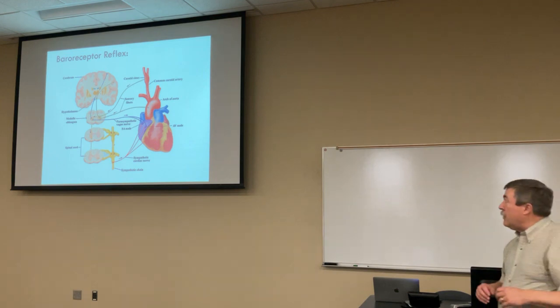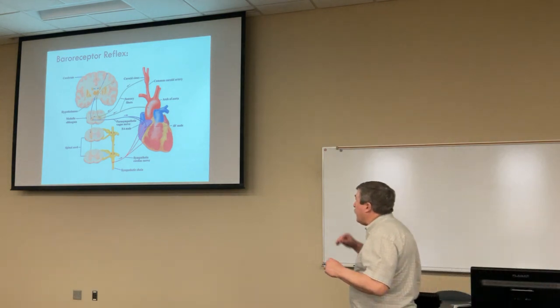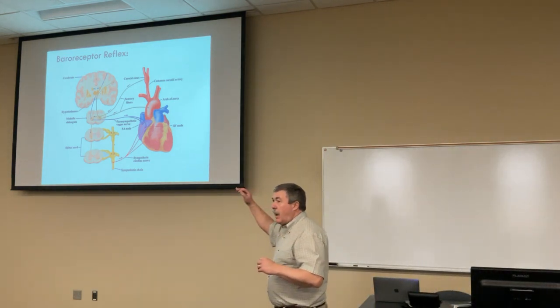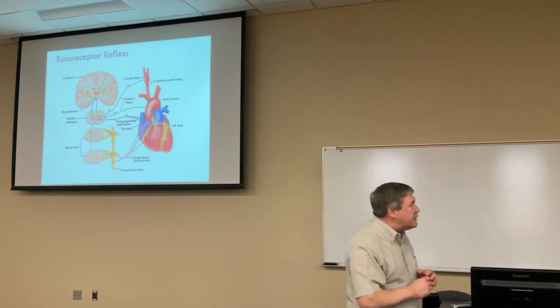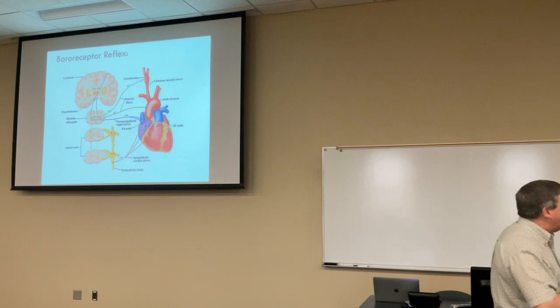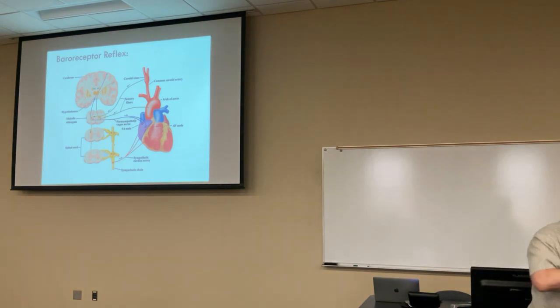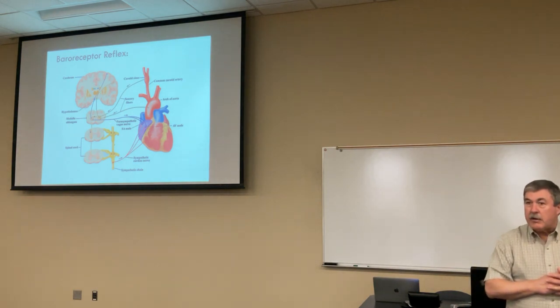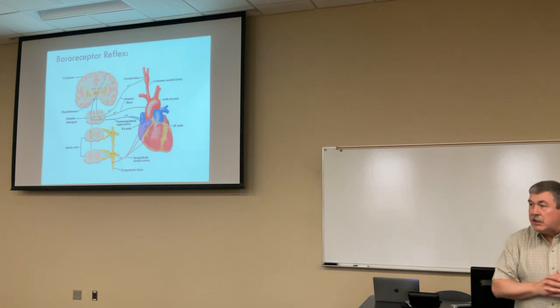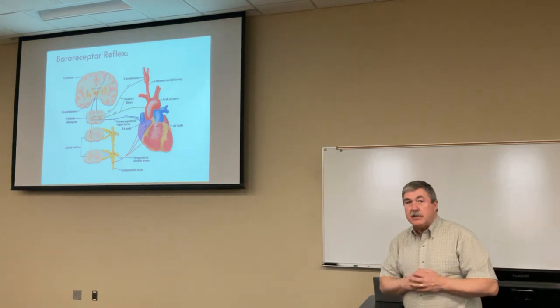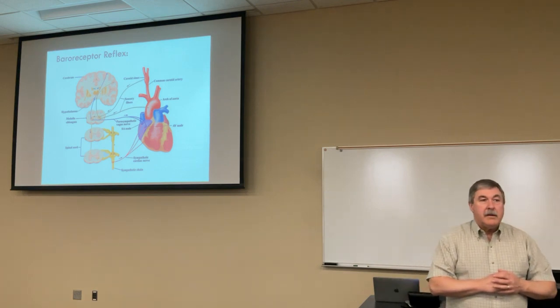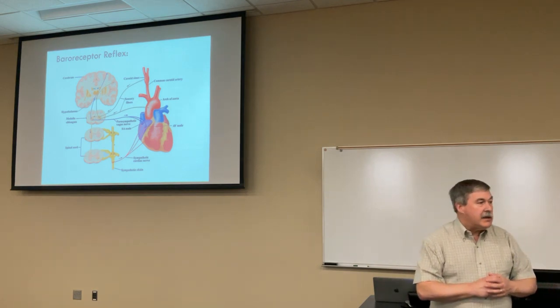Okay, so that provides input to the vasomotor center concerning the pressure of the blood. So, if blood pressure gets too high, then the vasomotor center responds by decreasing sympathetic stimulation to the heart and to the blood vessels, and increasing parasympathetic stimulation of the heart. So that does two things.